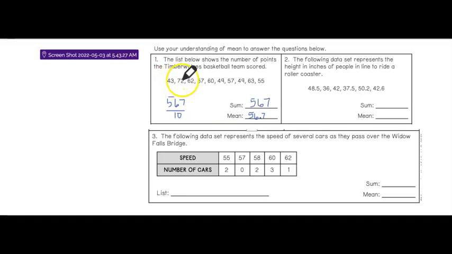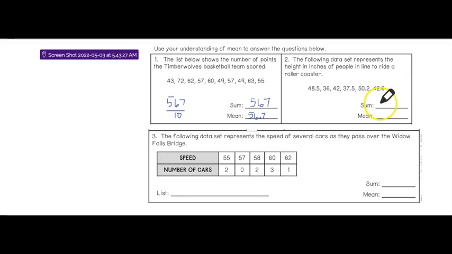All I did was add up these 10 numbers and then divide by 10 because that's how many data points there are, to figure out the Timberwolves are averaging 56.7 points per game. Number 2, you can pause the video and try this one yourself. When you're done, press play and I'll have the finished work.